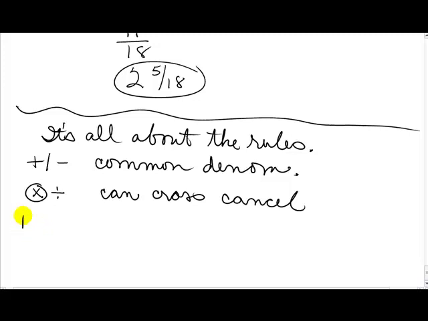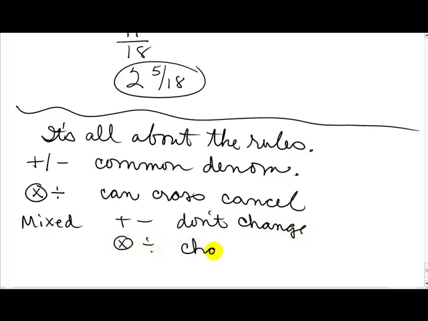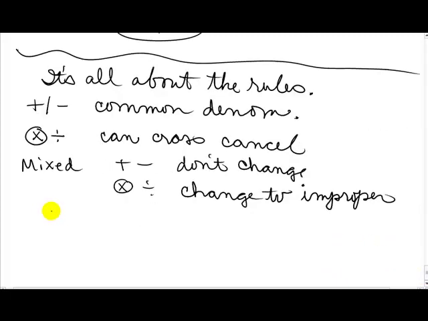With mixed numbers, if we're adding or subtracting, don't change. If we're multiplying or dividing, change to improper. Always reduce.